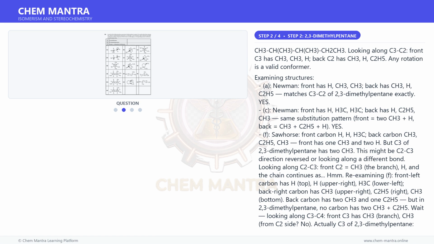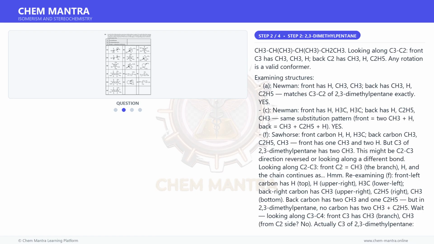Examining structures. A, Newman, front has H, CH3, CH3, back has CH3, H, C2H5; this matches C3–C2 of 2,3-dimethylpentane exactly. Yes.